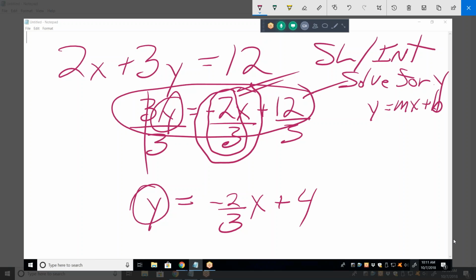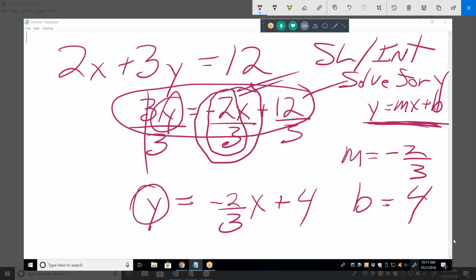Now we have it in this format precisely. I have a y equals some m times x plus some b. So what is m? M is negative 2/3. Do not drop negative signs. And what is b? 4.